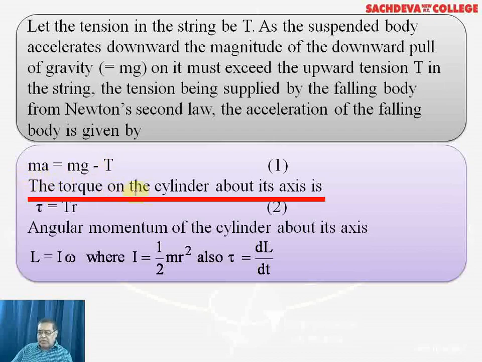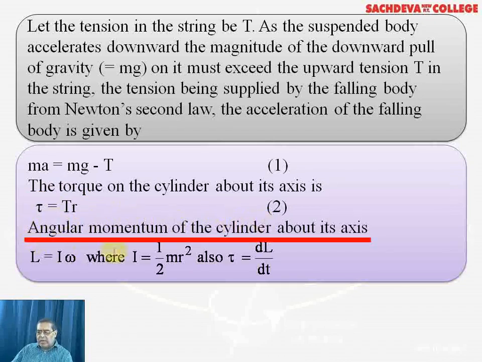Now the torque on the cylinder about its axis. Torque is always given by force into perpendicular distance. T stands for tension, and tension means force indirectly. So torque, that is tau, is taken as tension multiplied by R. This we have marked equation number 2.